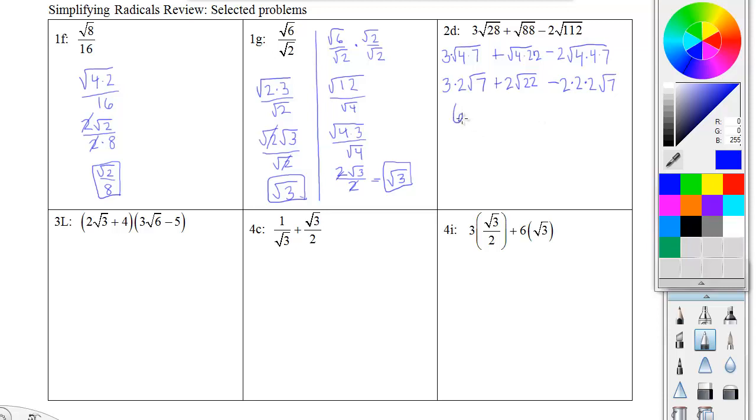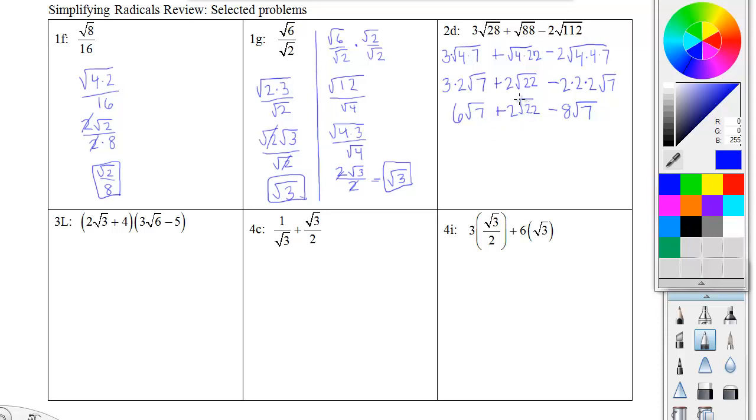So we have 6 square root of 7 plus 2 square root 22 minus 2 times 2 times 2, which is 8 square root of 7. So the 6 square roots of 7 subtract 8 square roots of 7 gives me negative 2 square root of 7.